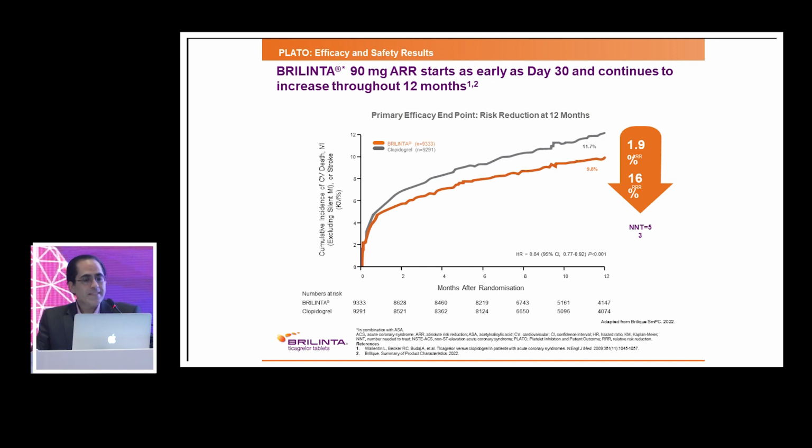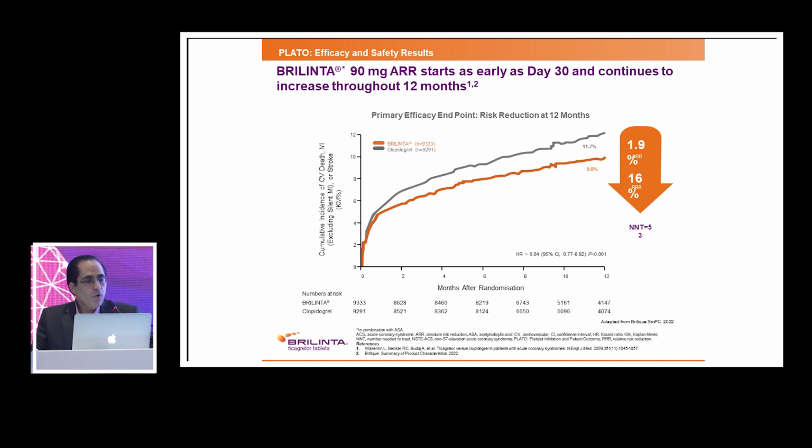Also here, on the efficacy and safety of Ticagrelor, there is an absolute risk reduction starting as early as day 30 and continuing throughout the 12 months. If you see the orange one, this is the Ticagrelor group, and the black one is clopidogrel. There is almost 16% relative risk reduction in the Ticagrelor arm.